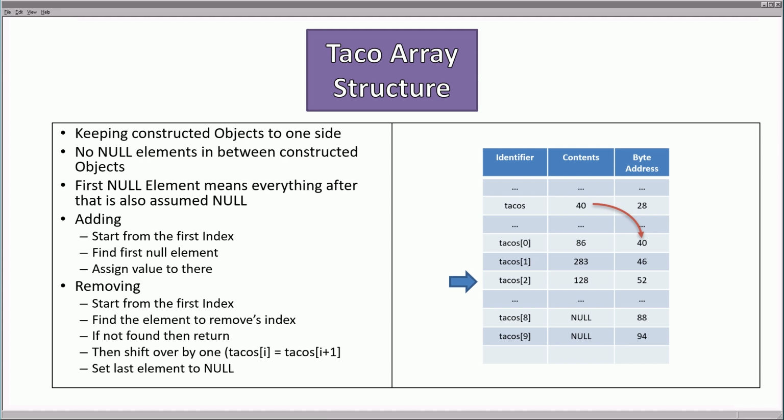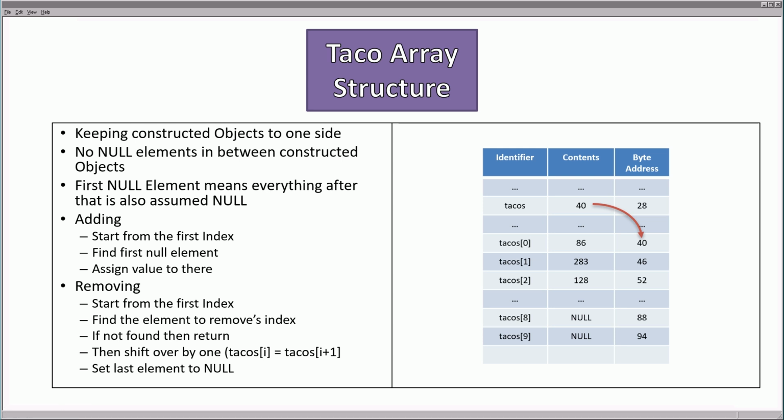Let's assume that it's constructed at memory address 128. Now keep in mind that everything after this, we can assume these values that are represented here are null. This means tacos at index 3 is null, and everything past that is also null. This keeps all of the constructed objects to one side of the array.